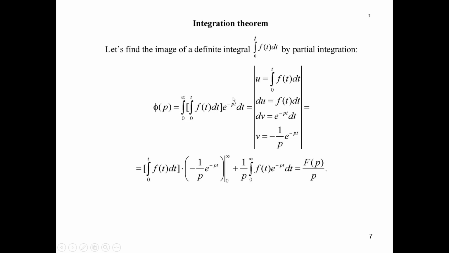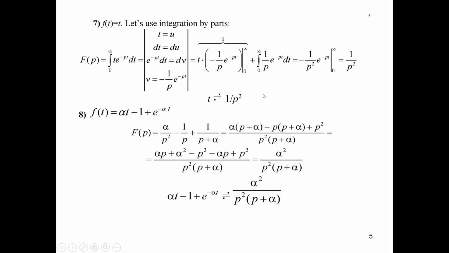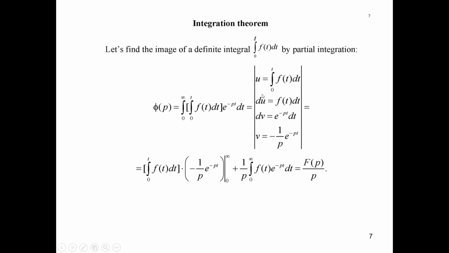To get it, we should multiply this function by e to the minus pt and multiply it by dt, as it was in the definition of obtaining Laplace images.